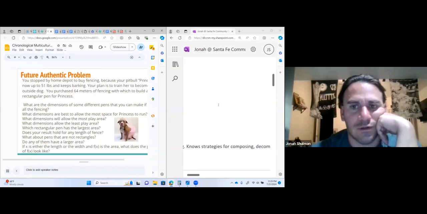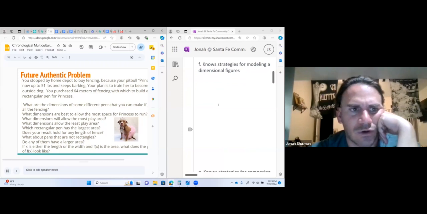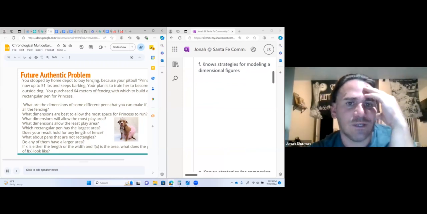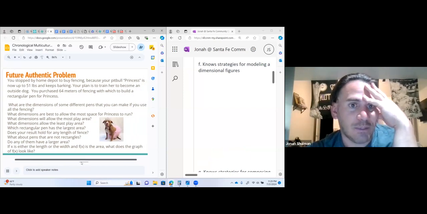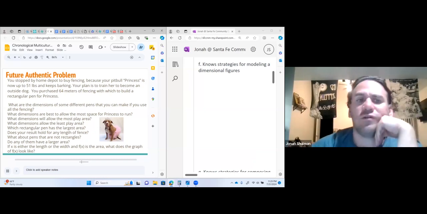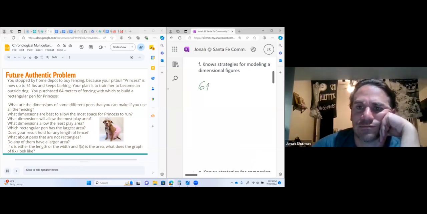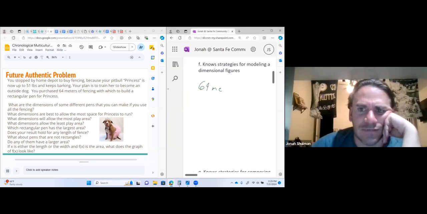I did it. Technology is going to be my friend. So we stopped by Home Depot to buy fencing because your pit bull, Princess, is now up to 51 pounds. Oh, Princess. And she keeps barking. Your plan is to train her to become an outside dog. You purchased 64 meters of fencing to build a rectangular pen.